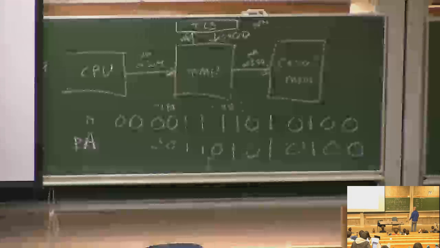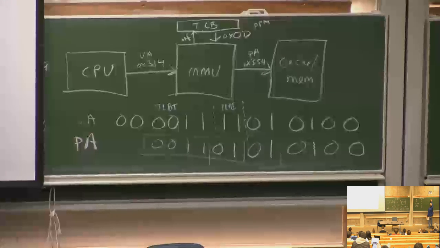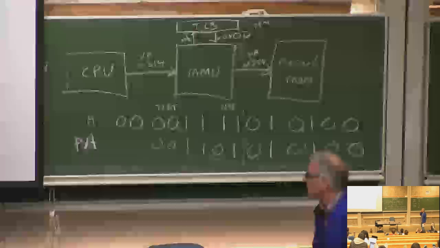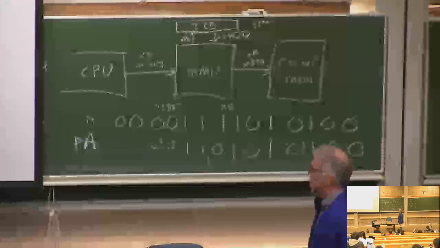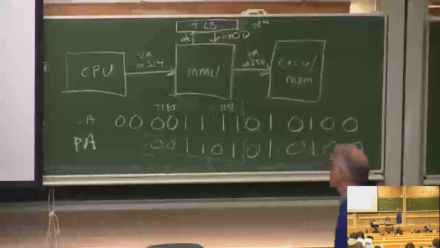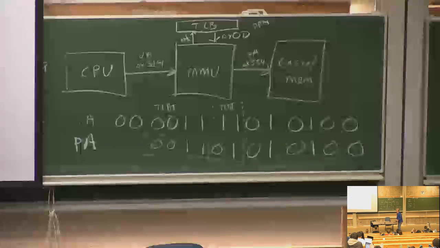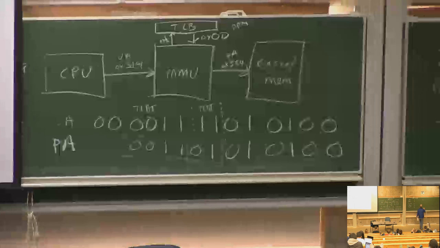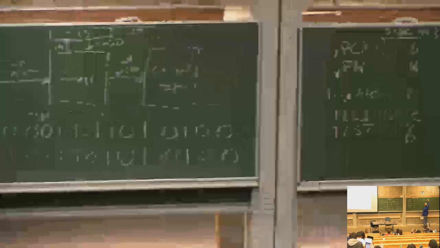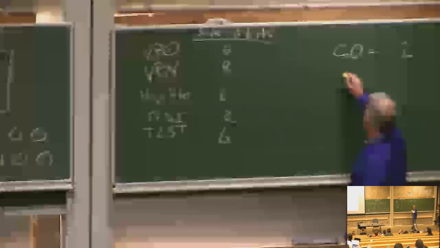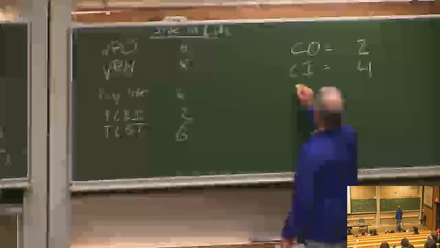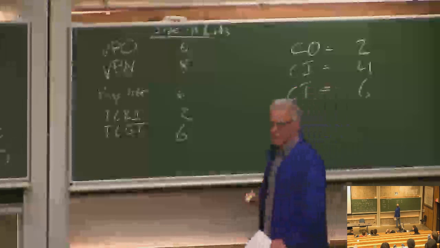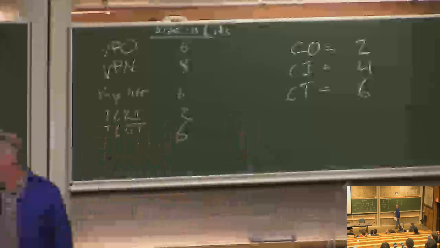Okay. So the cache has a block size. What did I call that? I forget my terminology now. CO, CI and CT. Cache offset of 2 bits, because there's 4 bytes in each block, and it has a cache index of 4 bits because I have 16 lines, and a cache tag of 6 bits because that's the rest of the address.